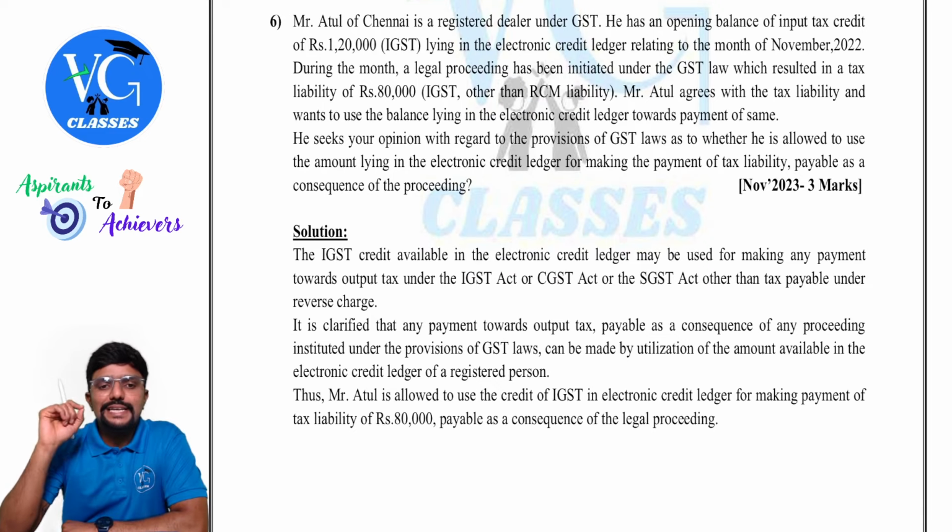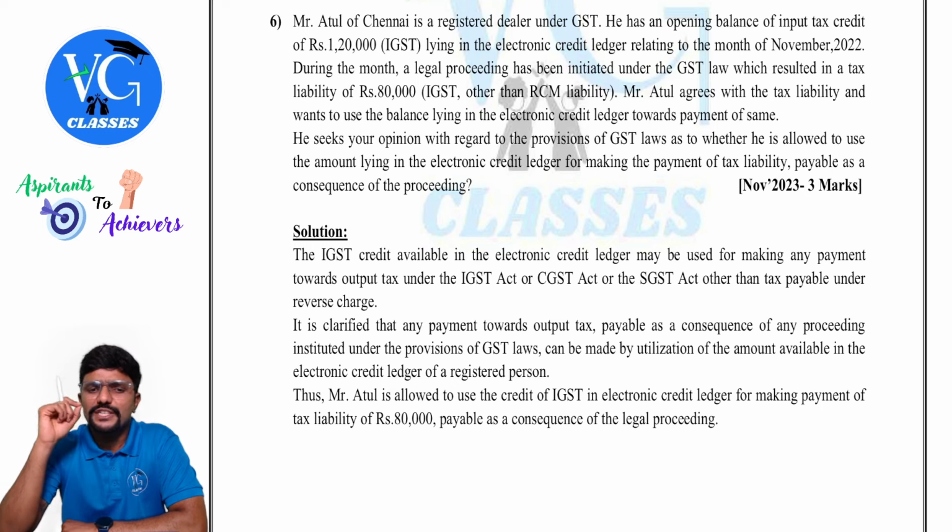Solution: the IGST credit available in the electronic credit ledger may be used for making any payment towards output tax under the IGST Act or CGST Act or SGST Act, other than the tax payable under reverse charge. It is clarified that any payment towards output tax payable as a consequence of any proceedings initiated or instituted under the provisions of GST laws can be made by utilization of the amount available in the electronic credit ledger of a registered person.